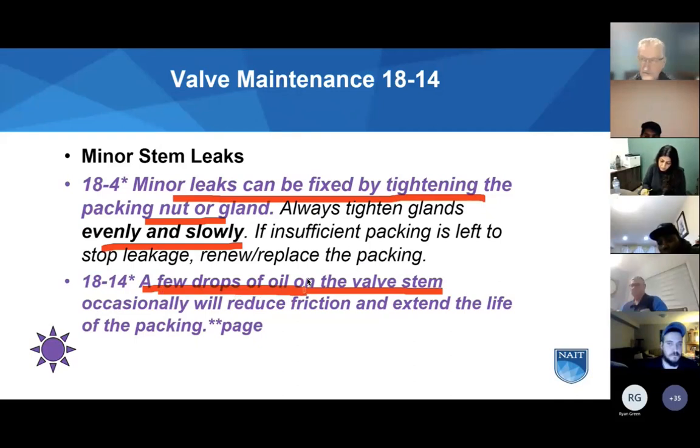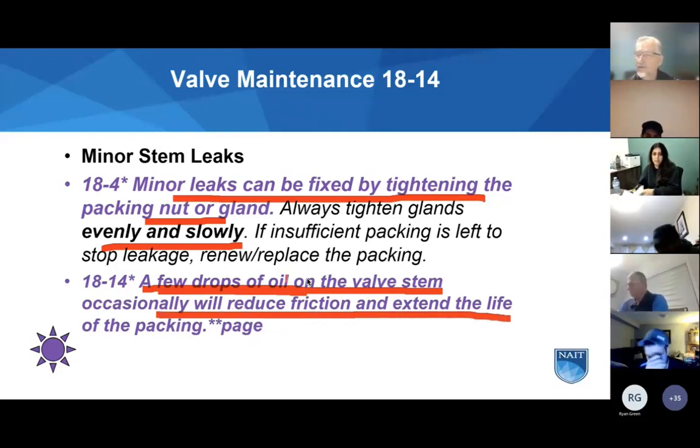I've never seen oil used on a valve stem, but some kind of lubrication wiped onto the stem each time you open and close it keeps it operating smoothly and prevents any seizing up, and getting out the big wrench to open the valve and possibly break the handle or your friend's arm. But according to the textbook, a few drops of oil on the valve stem will reduce friction and extend the life of the packing.